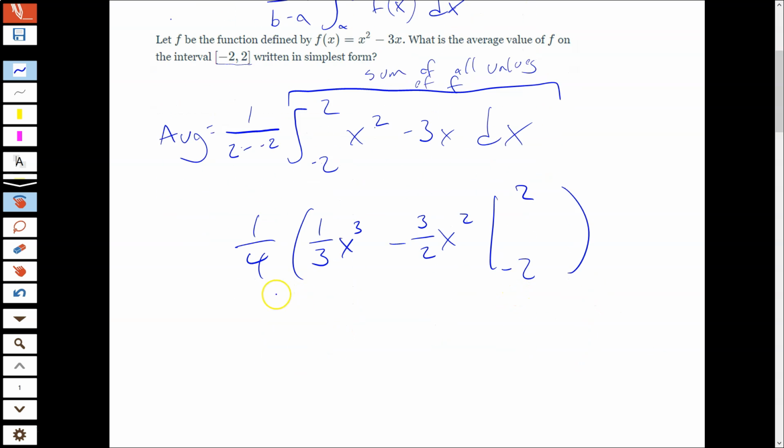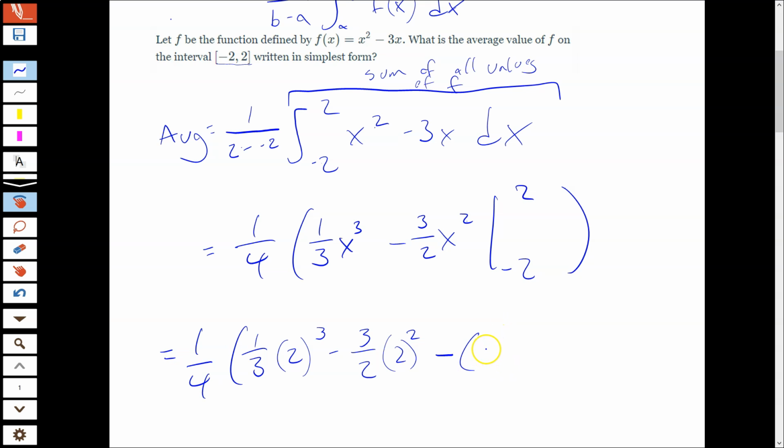And then from here, you'd most likely just want to use your calculator, right? I'm going to write out at least the next step just so you can see it. So you're plugging in your bounds now. So 1/3, 2 to the third minus 3/2, 2 squared. So that's my upper bound that I plugged in. And then I'll do minus another set of parentheses, and then 1/3, -2 to the third, minus 3/2.